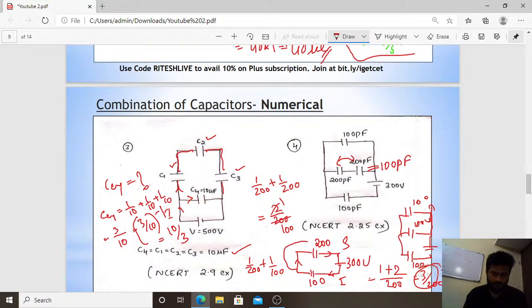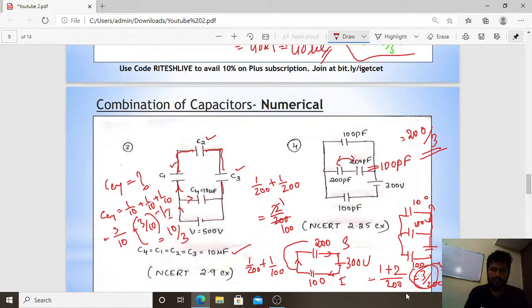Right answer? Three by 200. Devika, Yashasvi, Ganita, Purnachandra, is it right? Yes. These two are in series, so I need to inverse this, right? So the answer will be 200 divided by 3. Good.